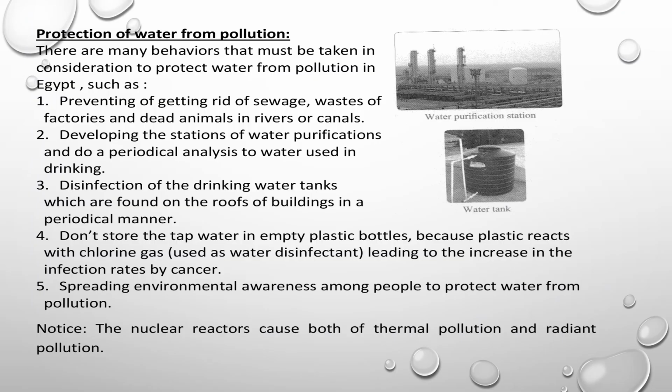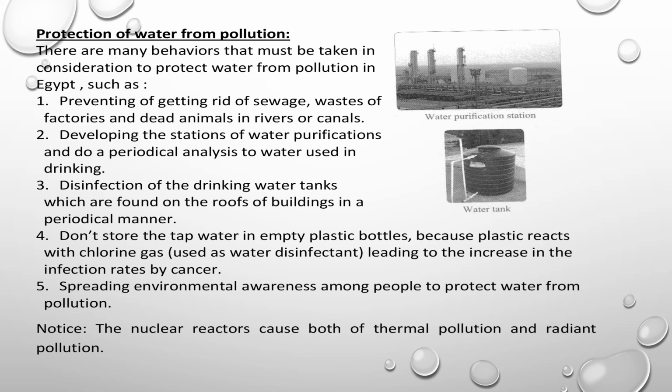Now, how do we protect water from pollution? Number 1, prevent getting rid of sewage and wastes from factories and dead animals in rivers and canals. Number 2, developing the stations of water purification and critical analysis of water. Number 3, periodic disinfection of drinking water tanks which are found on the roofs of buildings.